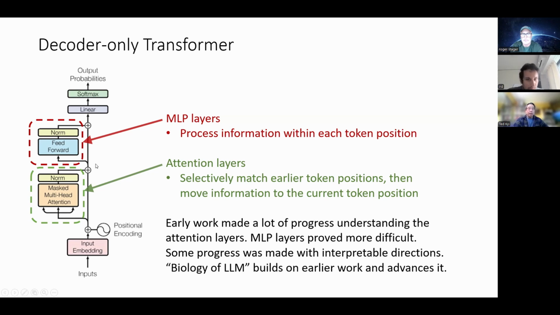The MLP layers are not able to see earlier token positions. So even if we don't know what they do, we know that directly they can only process information within the current token position. Now, an MLP layer can process information from an earlier token position if attention brings it forward.